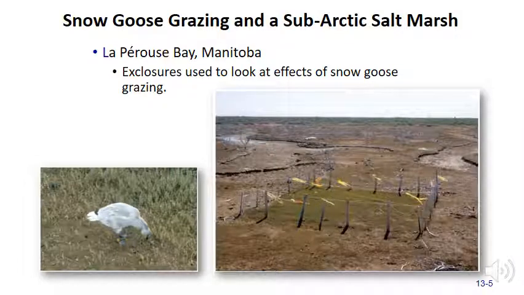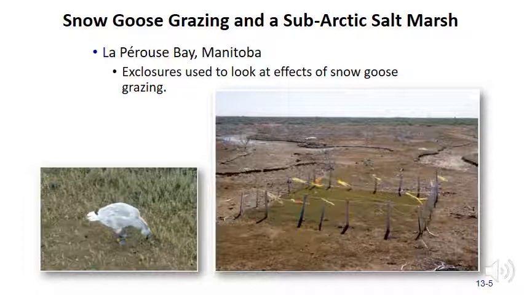So this idea of plant growth rate increasing in response to herbivory is really well demonstrated by this work that was done in subarctic salt marshes with grazing snow geese. Essentially what the researchers did was they cordoned off these exclosures, which are areas on the salt marsh that the geese wouldn't be able to get onto and wouldn't be able to graze.